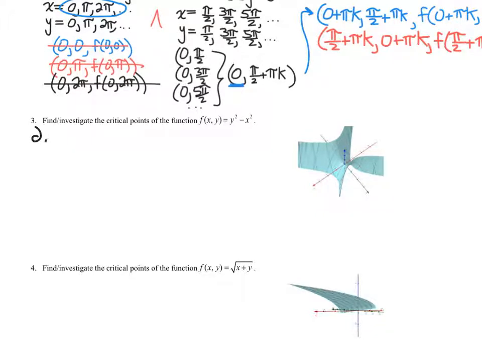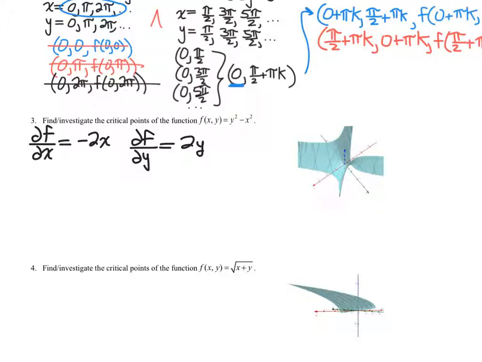Partial with respect to x, negative 2x. Partial with respect to y, 2y. All right.